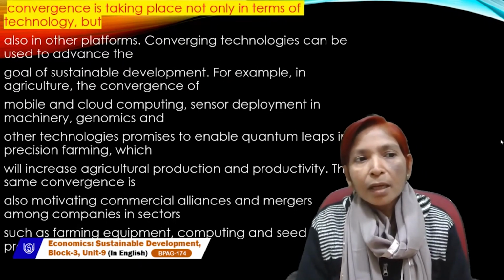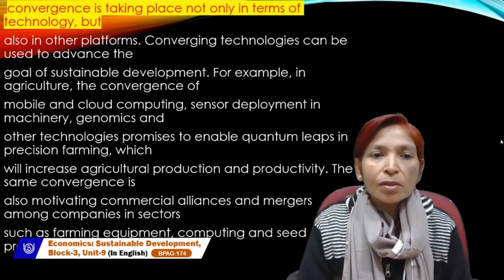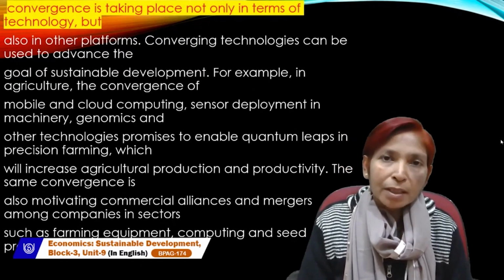So how is convergence of technology helpful in the achievement of sustainable development? Converging technologies can be used to advance the goals of sustainable development.